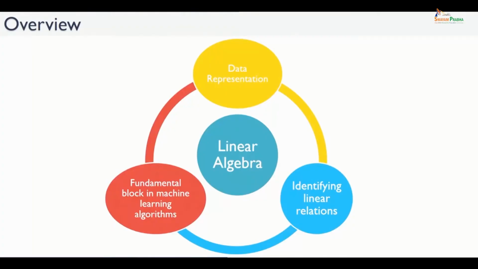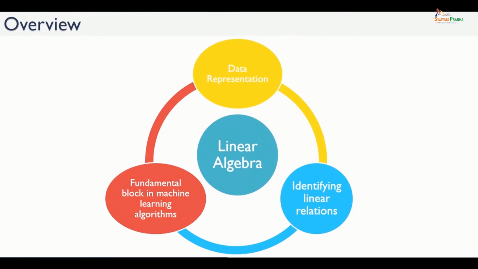So we first start by explaining what linear algebra is useful for. When one talks about data science, data representation becomes an important aspect, and data is usually represented in a matrix form, and we are going to talk about this representation and concepts in matrices.